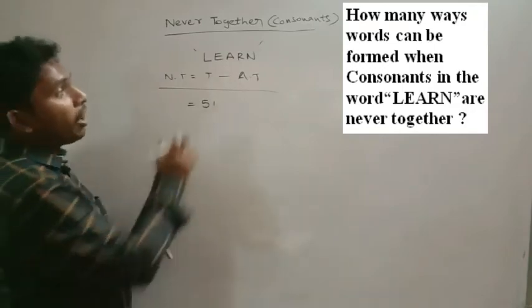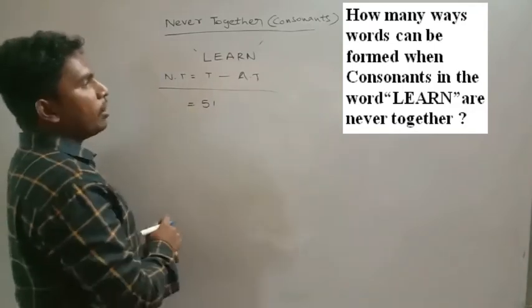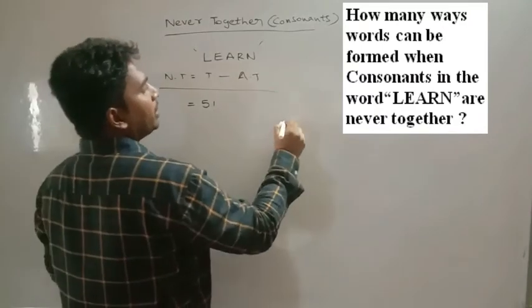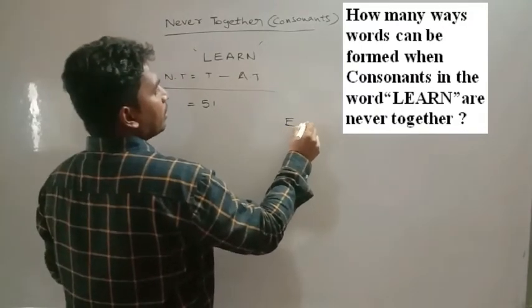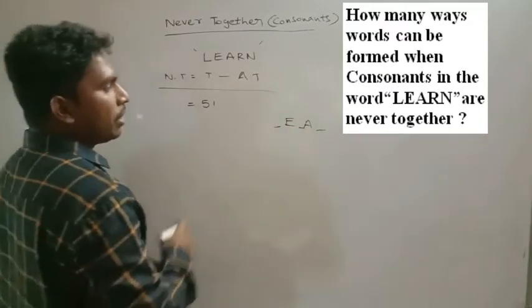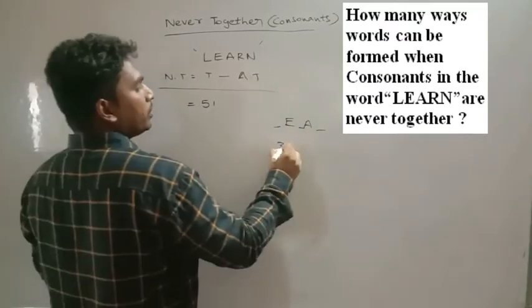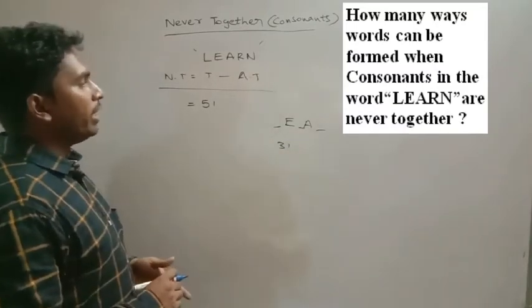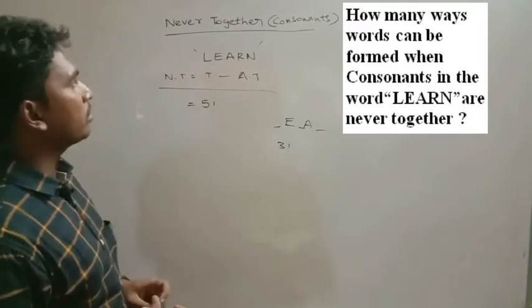And then how about always together? Here it is consonants, so you have to separate the vowels, that is E and A must be separated with blanks. How many blanks are there? 3 blanks are there, so 3 factorial. And what are all the consonants?